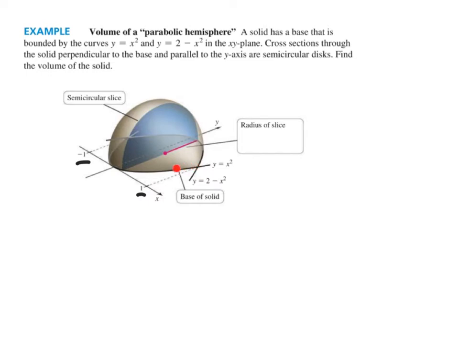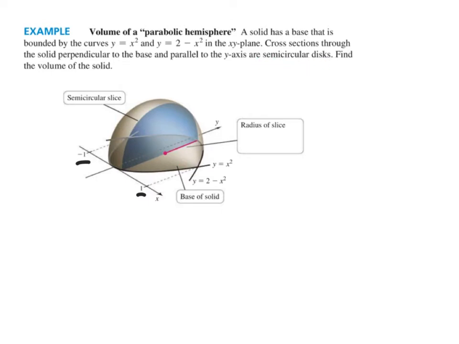This curve right here is y equals x squared, and this curve right here is the curve 2 minus x squared. Okay, and then what we're doing is dragging across this circle, the semicircular disks.